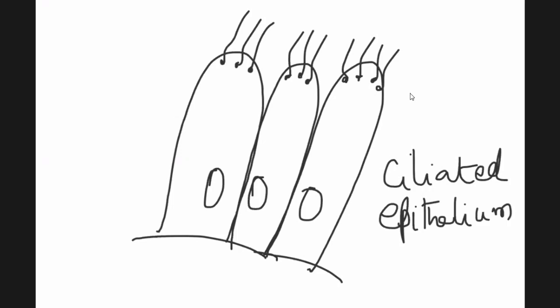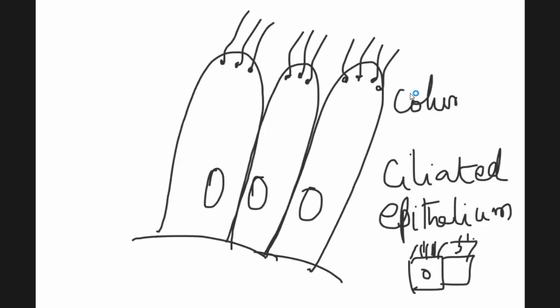So if a cuboidal cell has cilia, the location can be bronchiole. And columnar with cilia: fallopian tube.